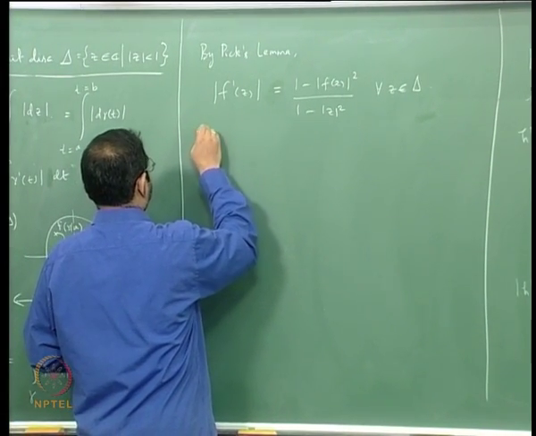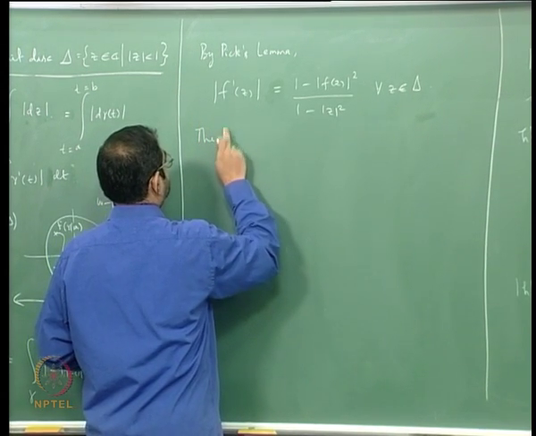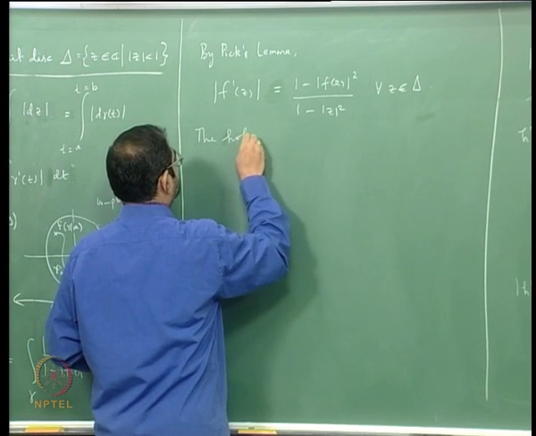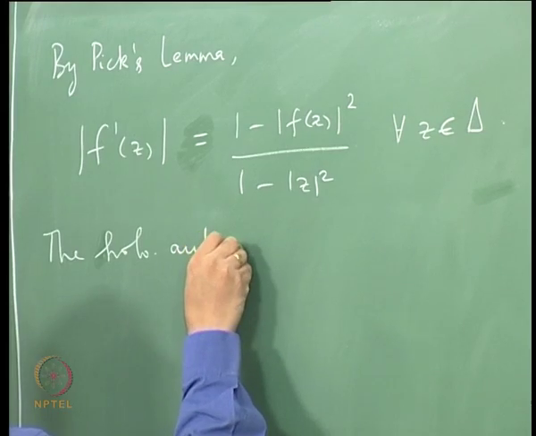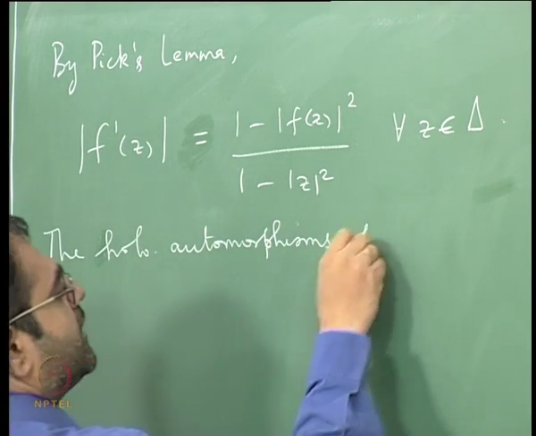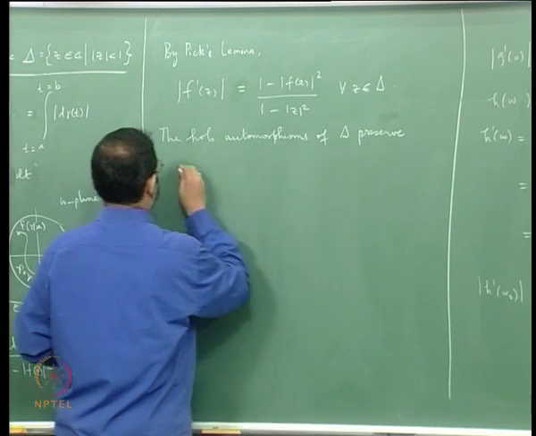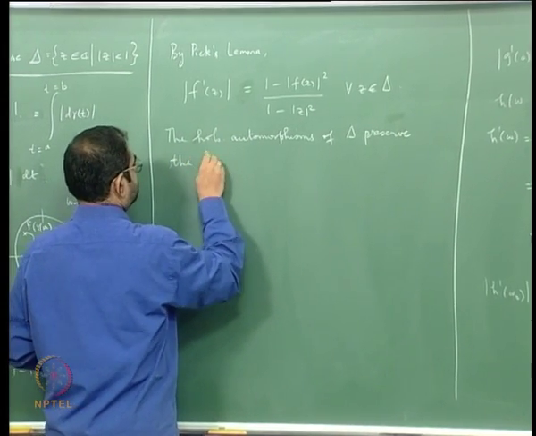So let me write that down: the holomorphic automorphisms of delta preserve the hyperbolic length.